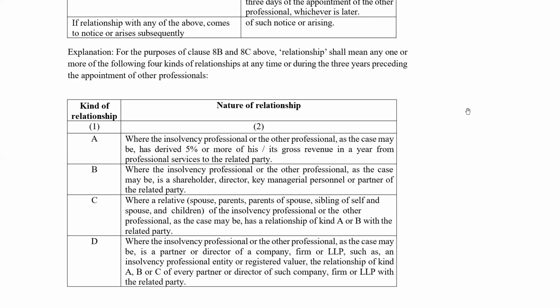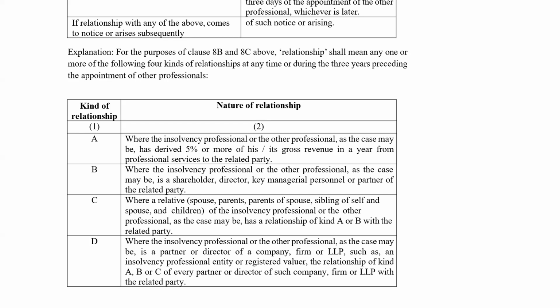Yes, yes. So kind of relationship. What is the kind of relationship? Where the insolvency professional or the other professional, as the case may be, has derived 5% or more of its gross revenue in a year from professional services to the related party.